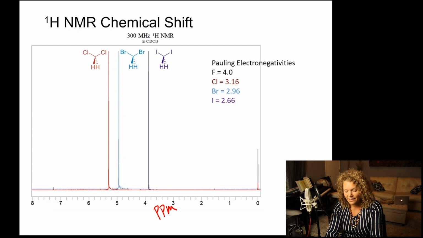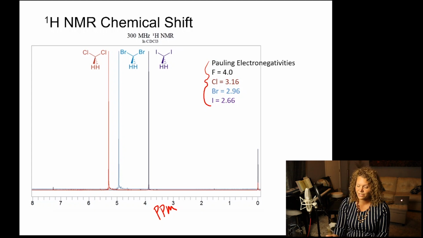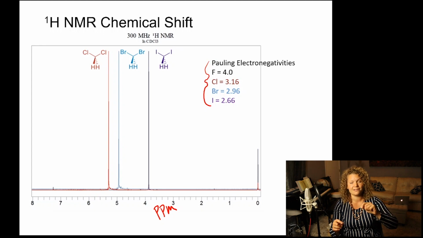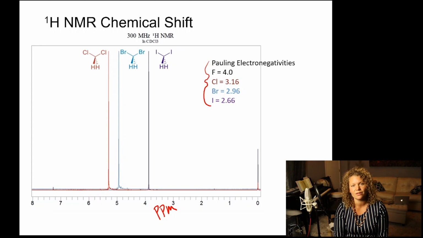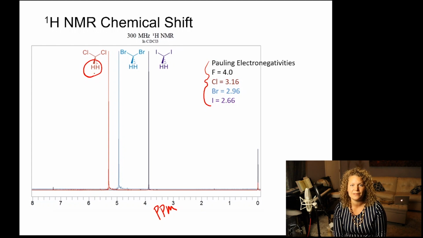Here on the right, I have listed the Pauling electronegativity scale for the different halides. As you can see, of the three compounds that we have, chloro is the most electronegative, and we know this from our other chemistry courses. The most electronegative atom here has shifted this CH2 group to a higher ppm.